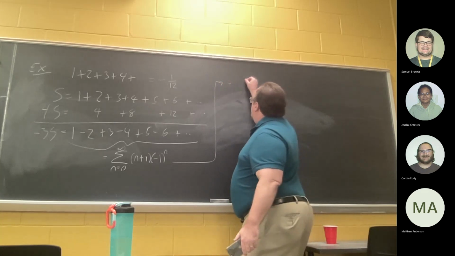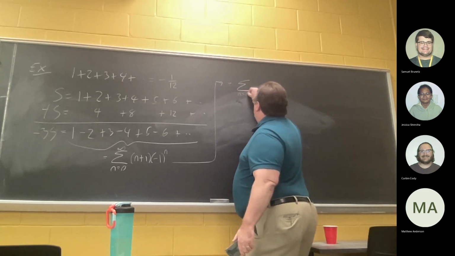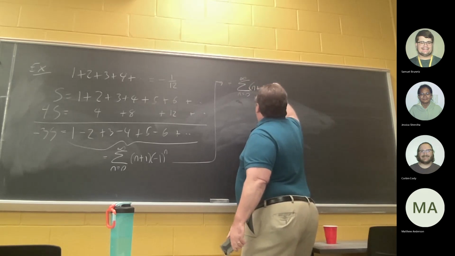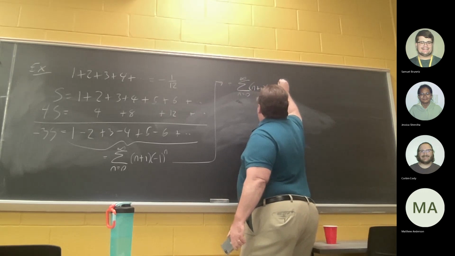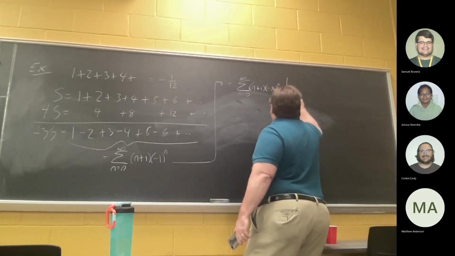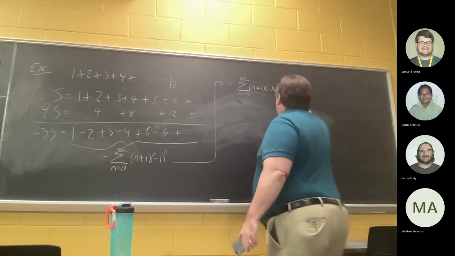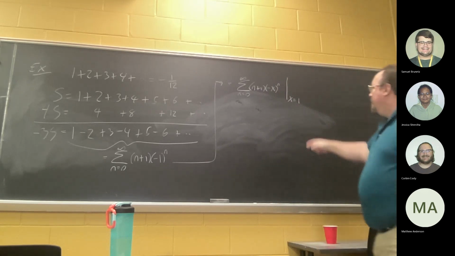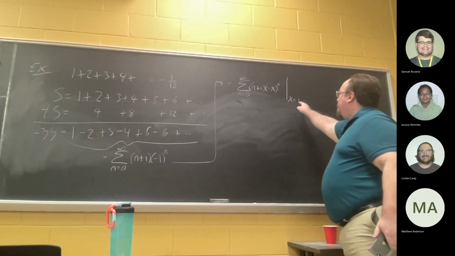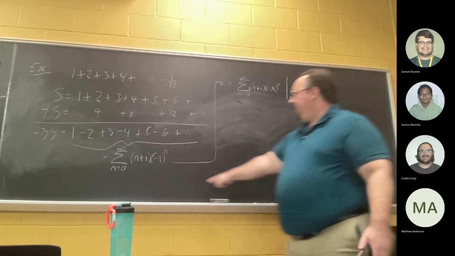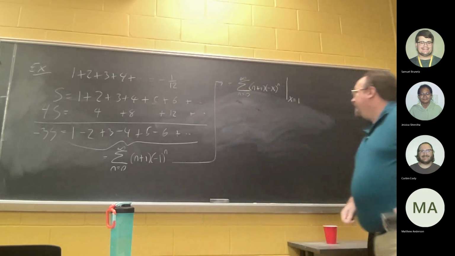So this would be the sum from 0 to infinity of n plus 1 times minus x to the n, with x equals 1. The vertical bar is used to indicate that some expression is being evaluated at a certain point. So this vertical bar means x equals 1 is plugged into this. And that's what would give me this right here.